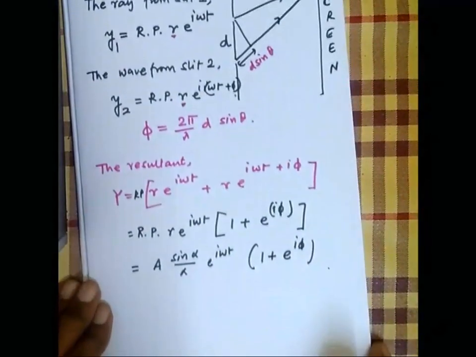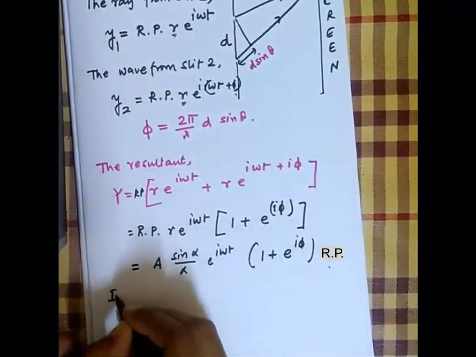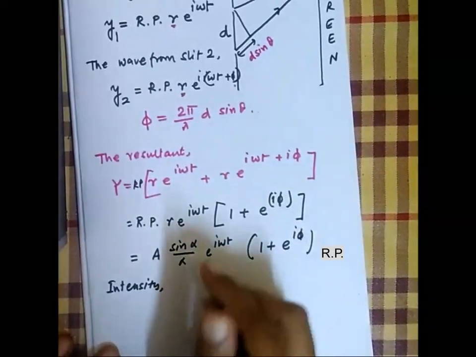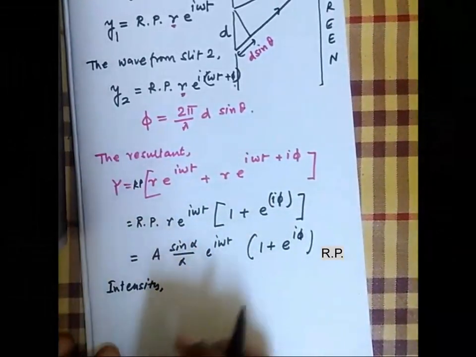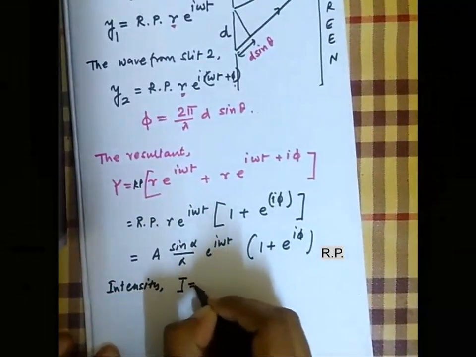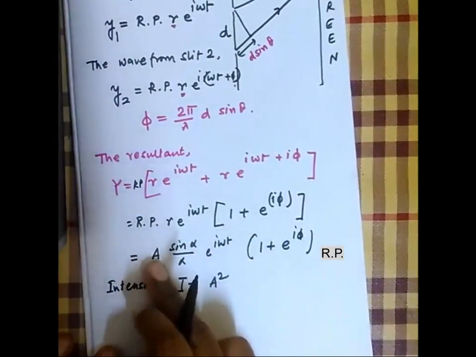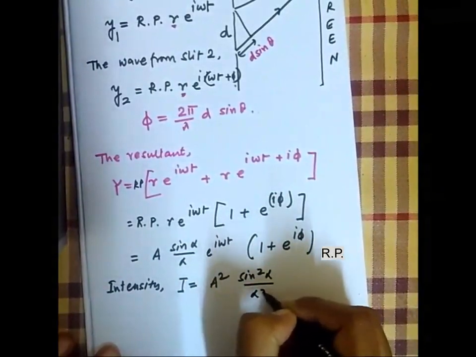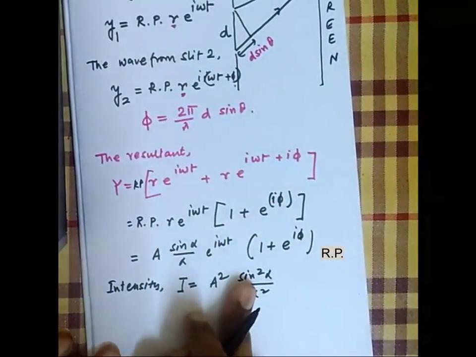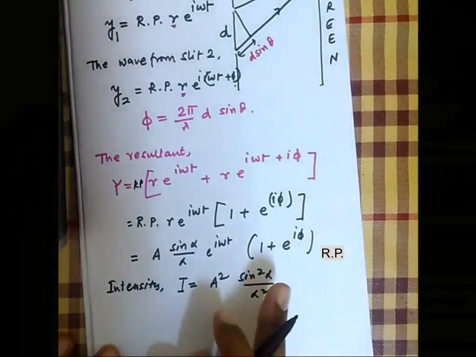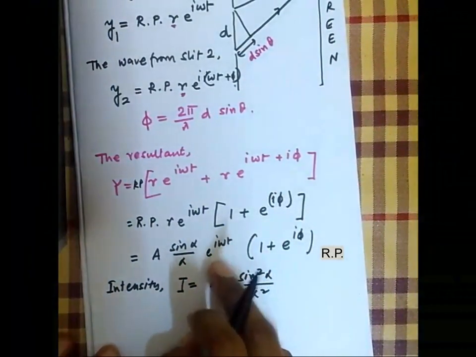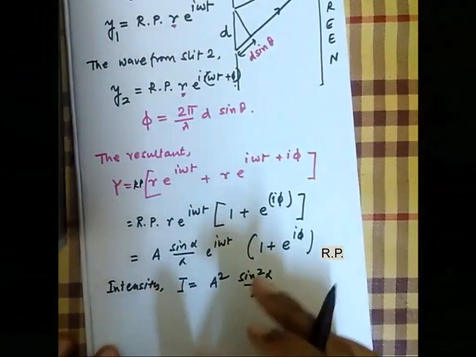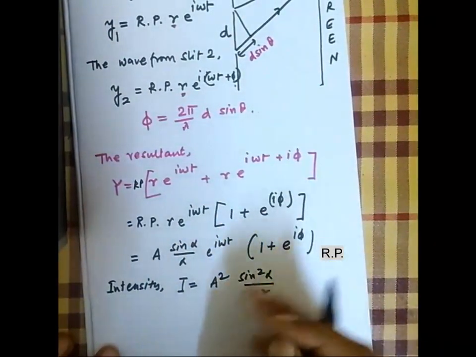Fine. So next step, we consider the intensity. The intensity is going to be a square of this, right? So I will be a square sine square alpha by alpha square for this. Now this goes off because we are considering only the amplitude, the intensity, so this is the wave part, this will drop off.